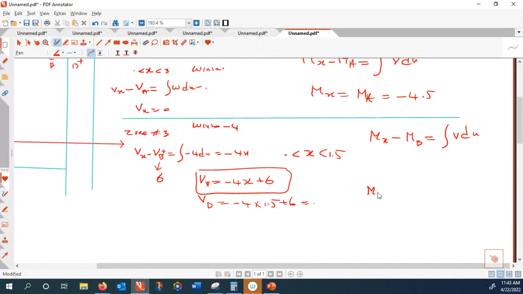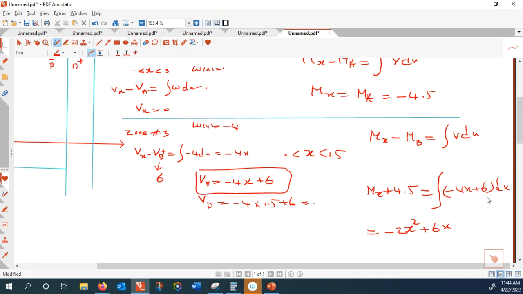So that is M of x minus minus 4.5, this is plus 4.5, is equal to the integral of this guy here. That is equal to minus 2x squared plus 6x.